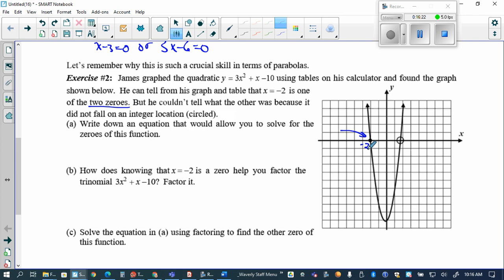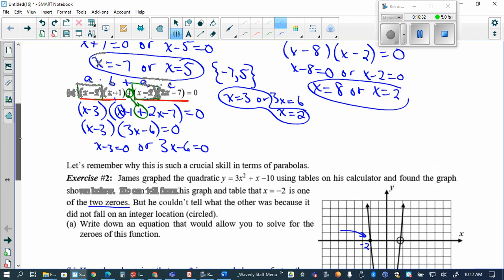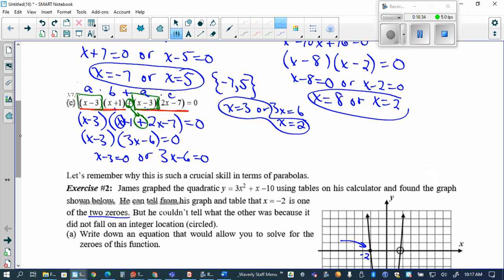And by the way, knowing that one of the zeros is -2, what's one of the factors? For example, where x equals 3 is one of the roots up here, what factor did that come from? x minus 3, right?